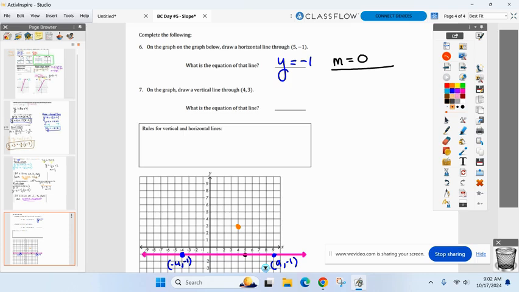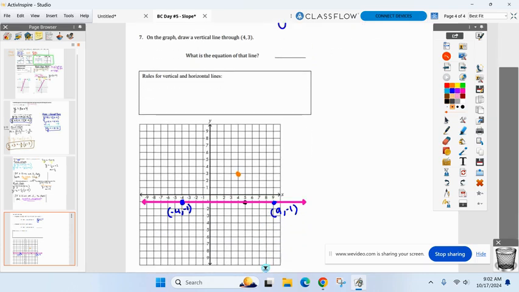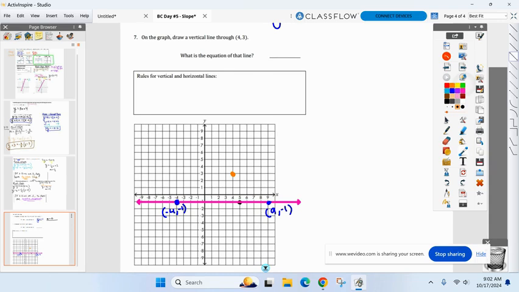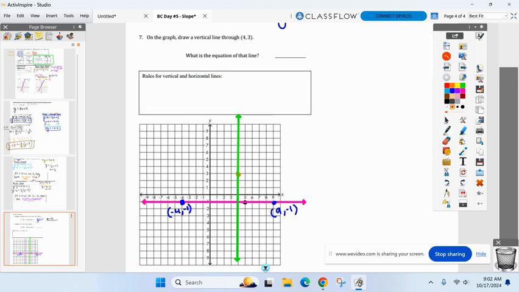All right, now let's go on 4, 3 and draw a vertical line through. 4, 3 vertical line. And let's do the same thing. Make another point on that vertical line and name it right next to it.